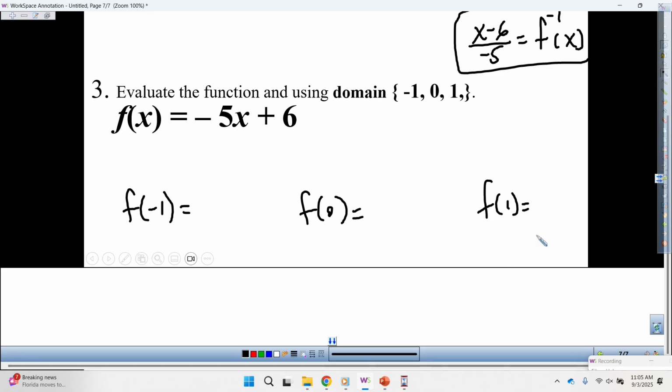All right, pass someone, Autumn. Julian, f of negative 1. 11, f of 0. 6, f of 1. 1. Have you got that? That is correct. Double check your work, please.